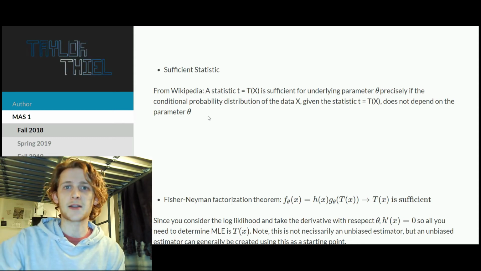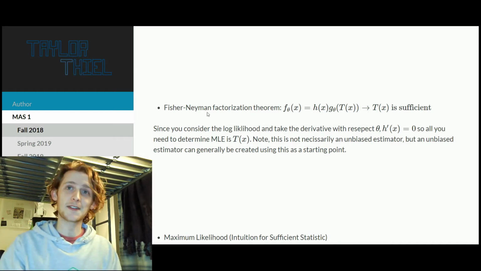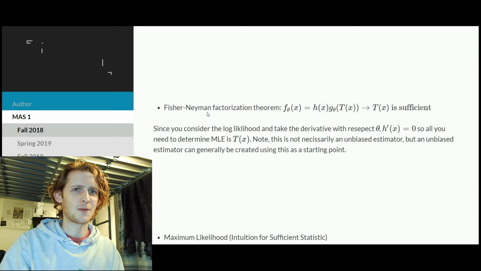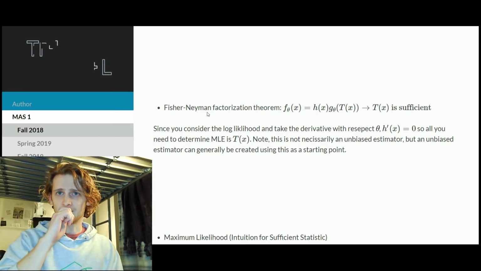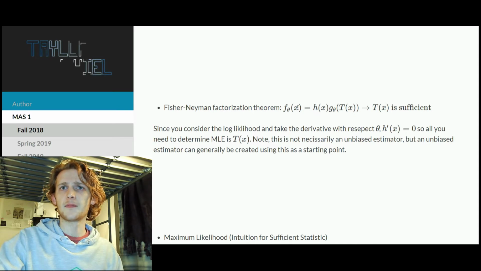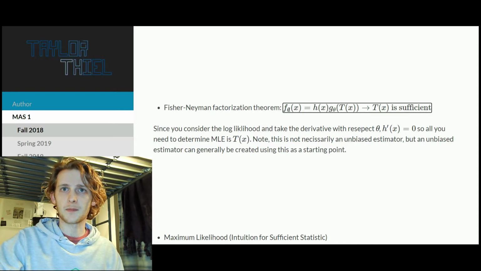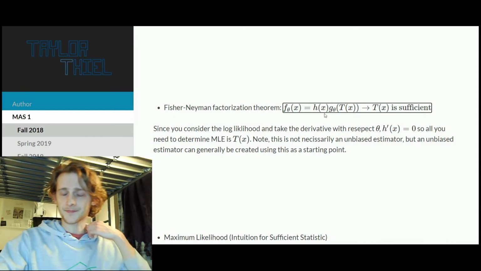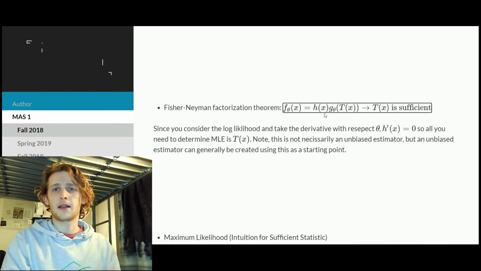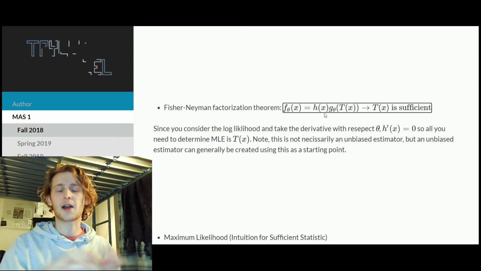So I'm actually going to move forward into the Fisher-Neyman factorization theorem, which is getting at what I feel like is the same thing. So for a PDF, f of x, given some parameter of interest theta, you can rewrite the PDF as being the composite of two functions, or the product of two functions.